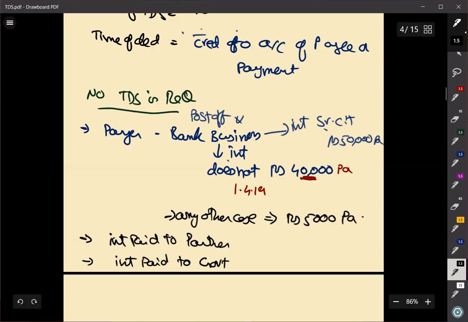If you make any sort of interest payment to the government, or you are making interest payment to a bank, for example I have taken a loan from a bank and I am making repayment to the bank, even in that case TDS is not required. But when the bank is making payment to you, TDS is required to be deducted if the amount exceeds 40,000.